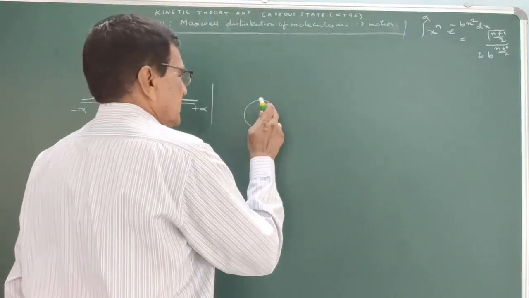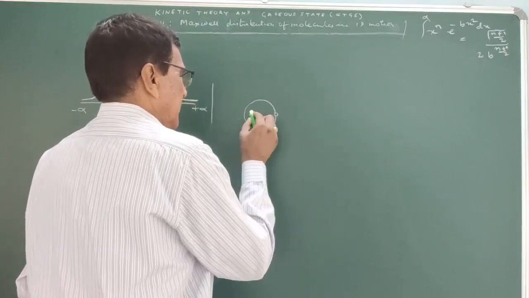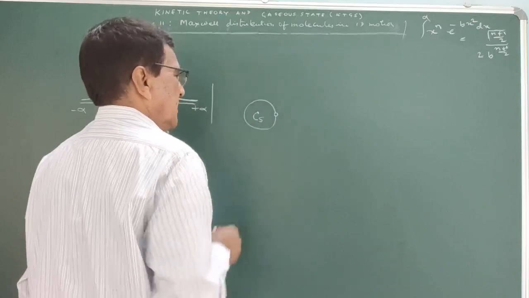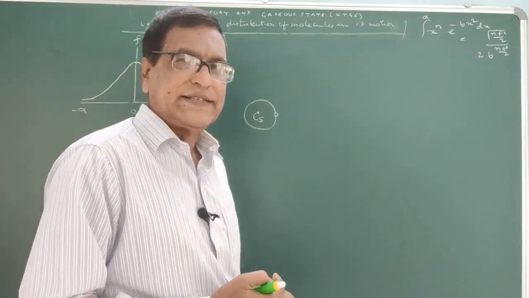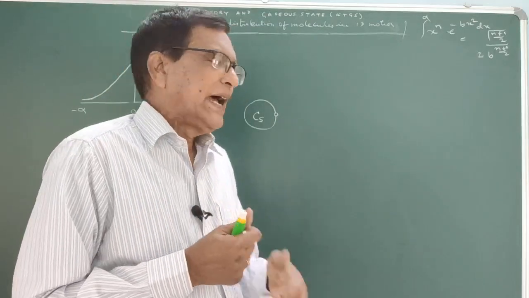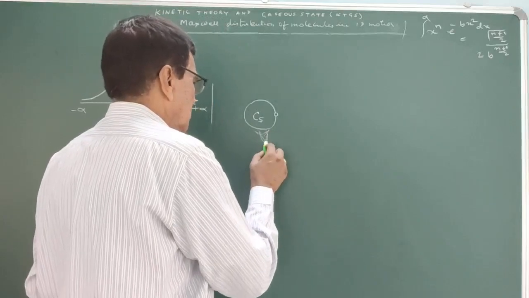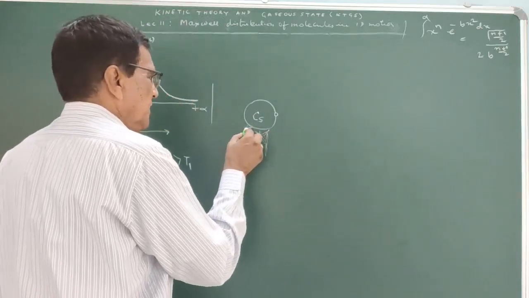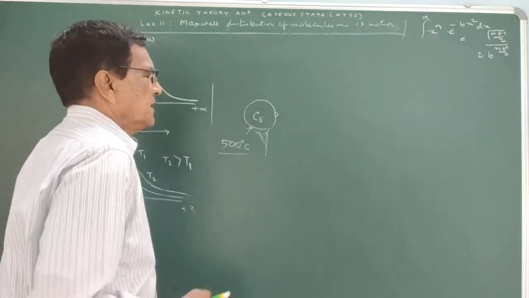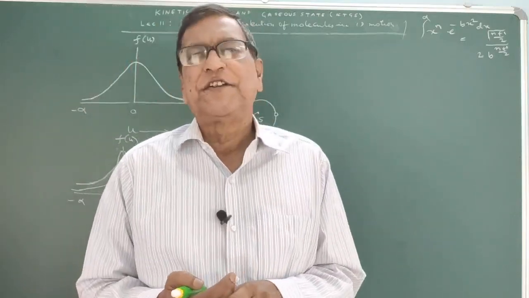So here it is, say, a globe, and here there is a small hole, and here cesium, an alkali metal, has been kept within this globe, and it is heated up to a temperature, suppose 500 degree centigrade.